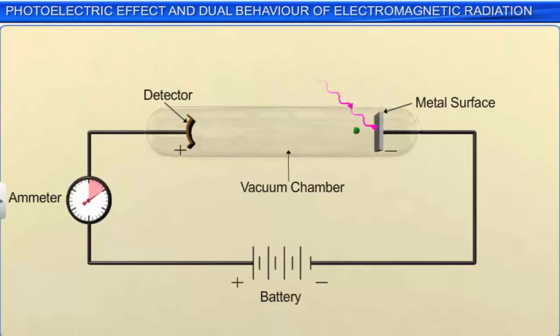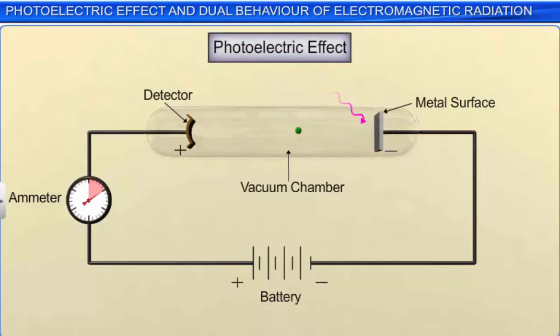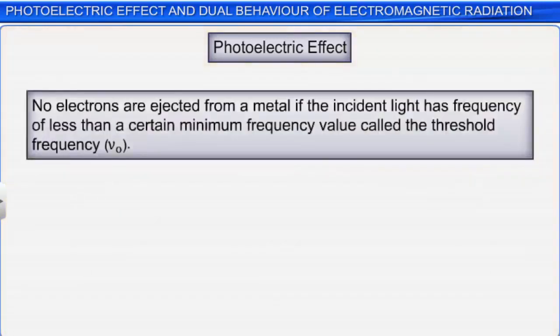This is called the photoelectric effect. The electrons thus emitted are called photoelectrons. From this experiment, the following observations were made.